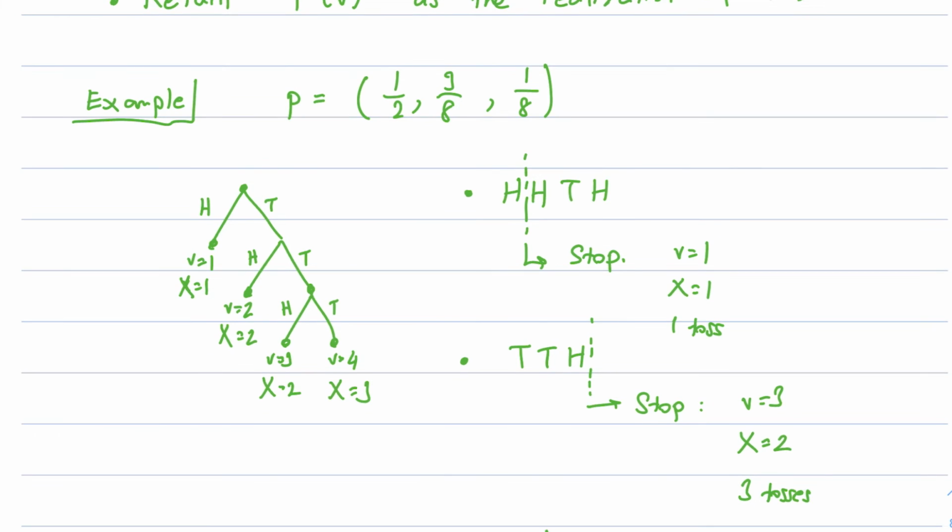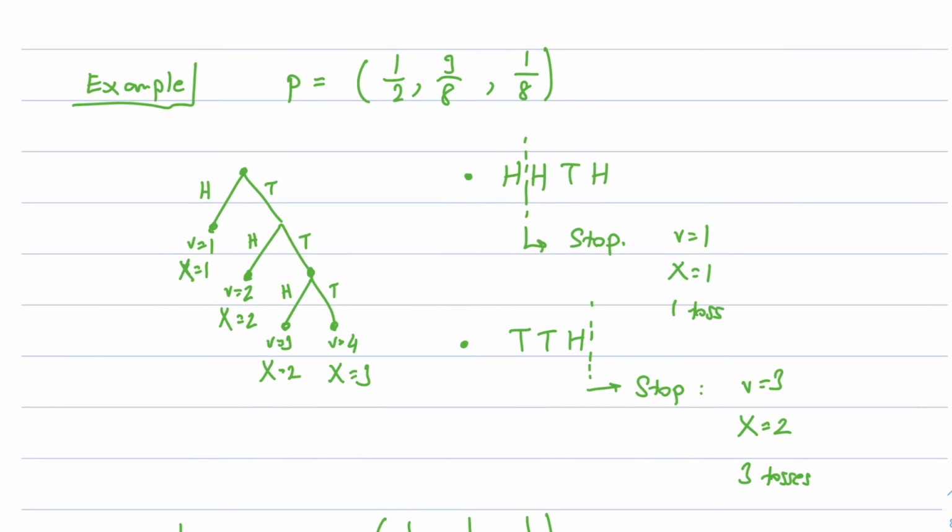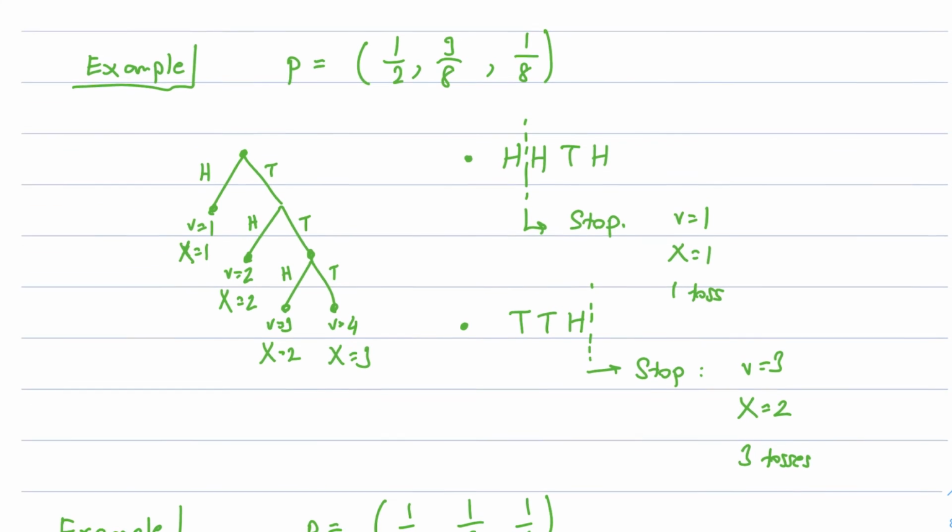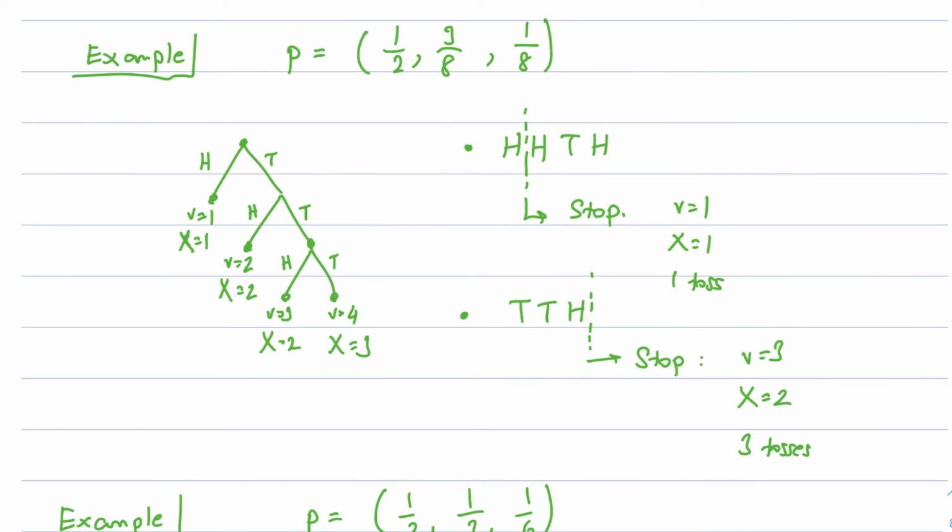Again, to explain this better, let's see some examples. We are using the same examples as before. In the first example, p is equal to 1/2, 3/8, and 1/8. After applying this algorithm, we get the tree and the assignments as shown on the left.